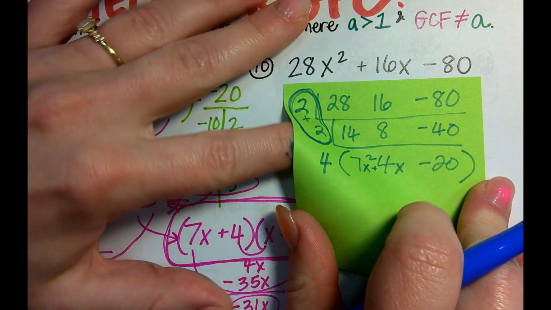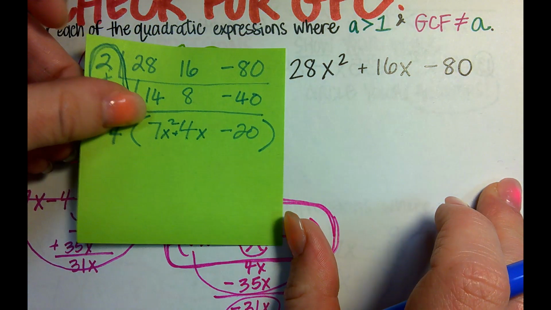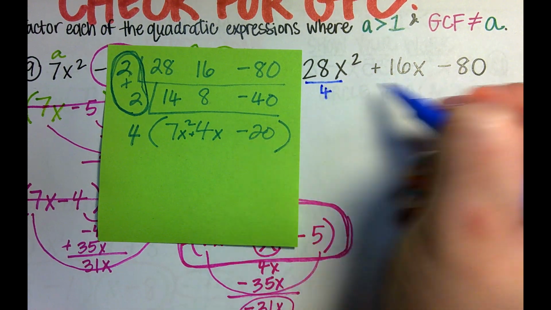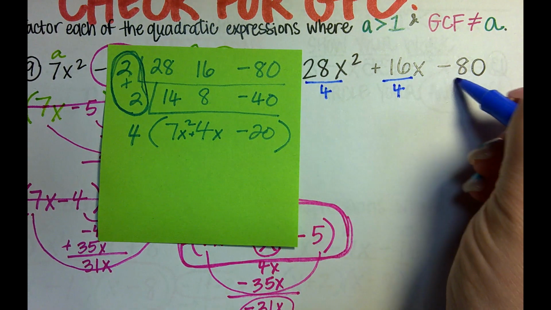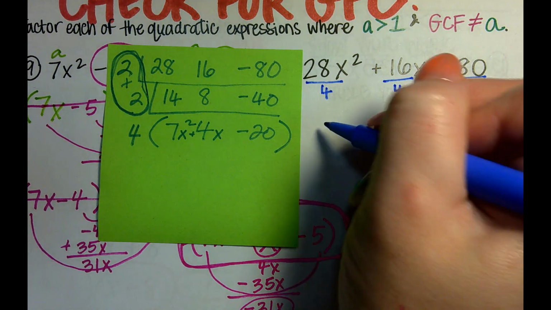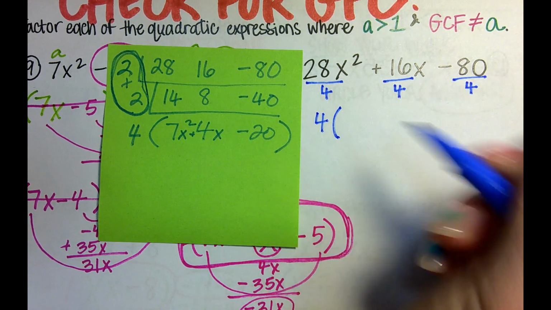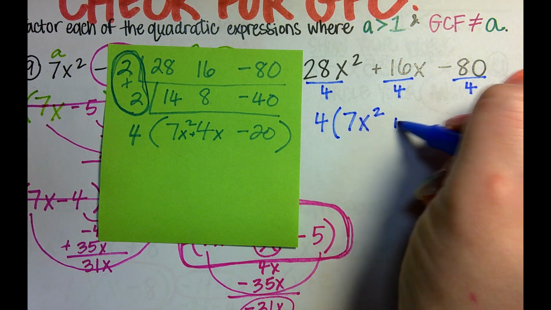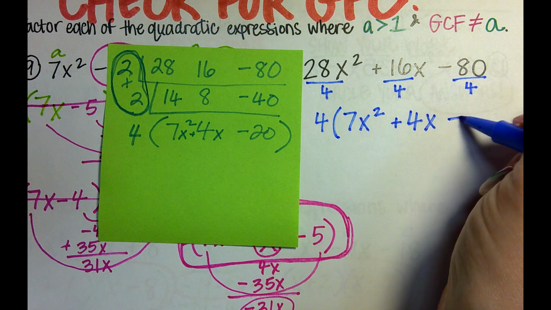So let me move that to the side and I'm going to rewrite it on my paper. So we were able to divide everything by 4. And that goes on the outside. So now we have 7x squared plus 4x minus 20.